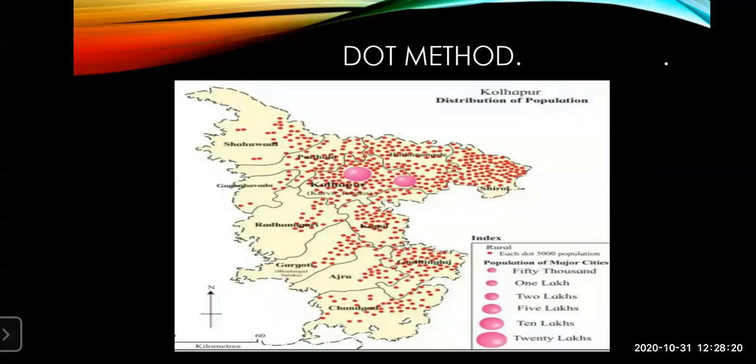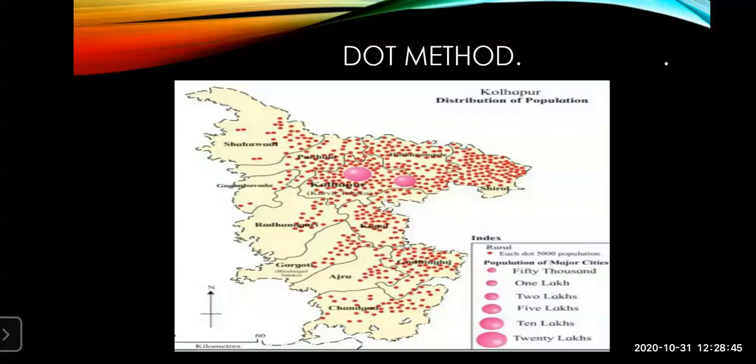Now this method we have already covered. So let's see this method in short. Now let's move towards the first method. We have already seen this. Okay, that is the dot method. Here you can see in the slide the different dots are used to prepare this map. According to the value, the dots are uniform in size. You can see over here they are the same size.